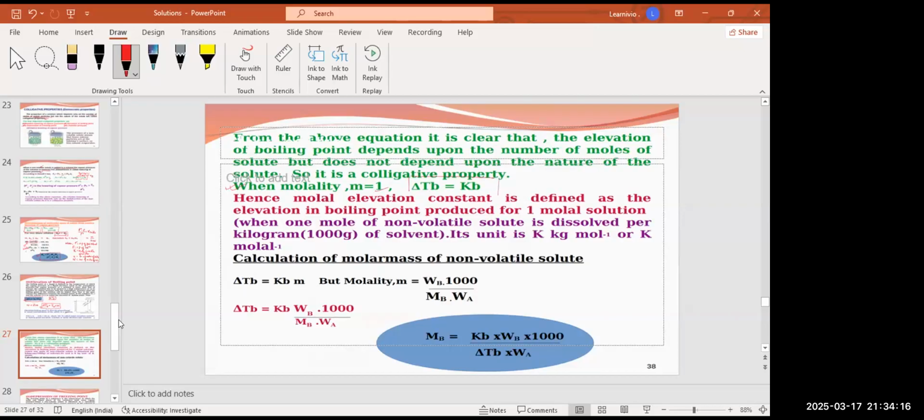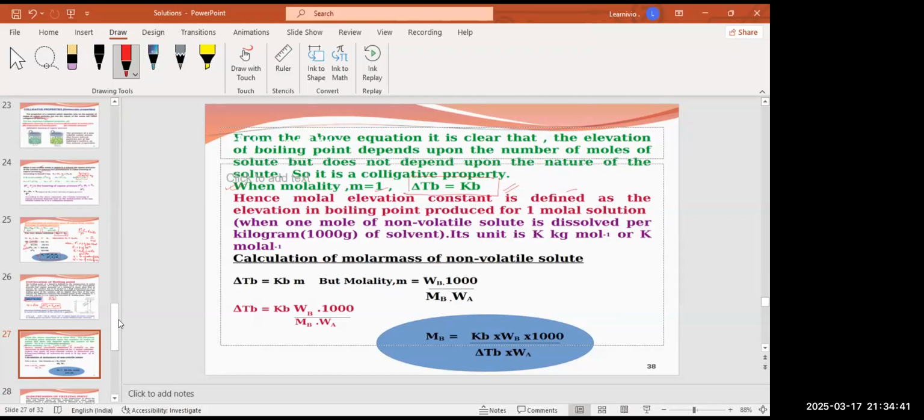KB into 1, right? So the elevation in boiling point will be equal to the molar elevation constant when the molality is 1. So how will you define it? Molar elevation constant is defined as the elevation in boiling point which is produced for 1 molar solution.